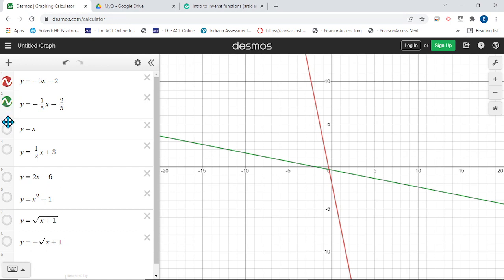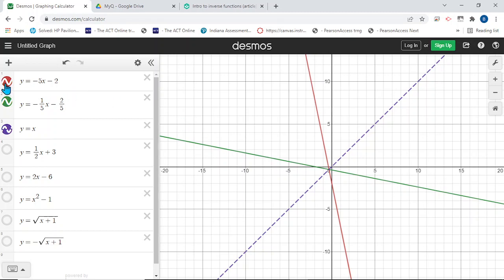And I'm also going to show the line y equals x, and I've got it dashed. So that shows that the original function, which is in red, if you rotate it around the line y equals x, so to speak, you get the inverse, which is the green one. Okay?